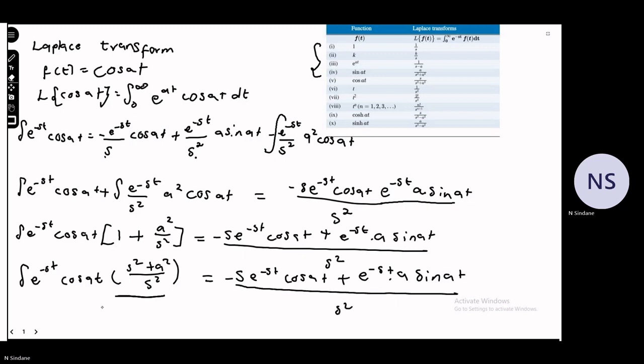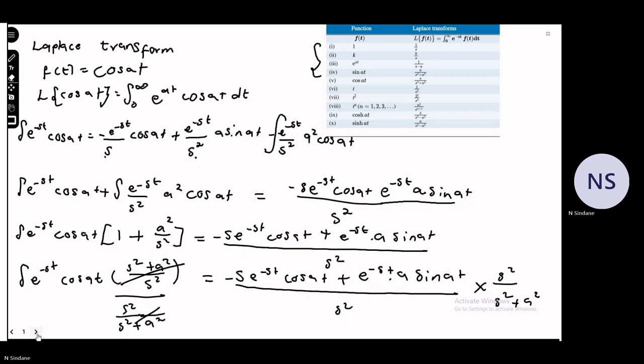And when I divide by this, it's going to be s squared over s squared plus a squared. What did I do? I just did the reversal of that. Same thing applies this side. It will be s squared over s squared plus a squared. This guy and this guy, they will cancel.